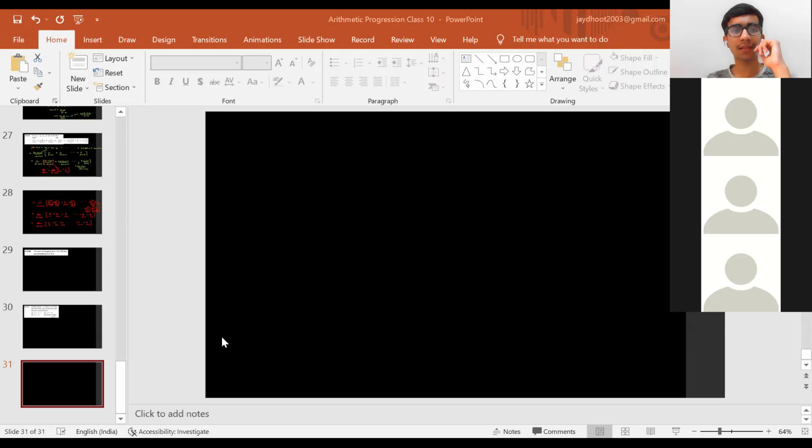Okay, should I take this upstream and downstream question? You know that question, that a boat has a certain speed in still water.